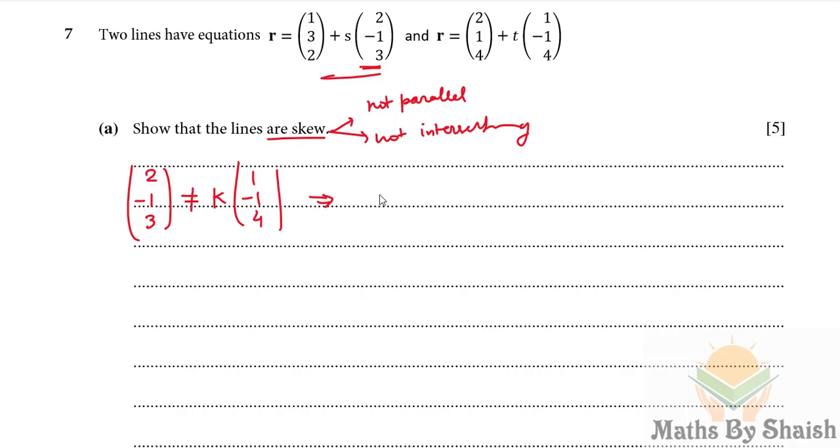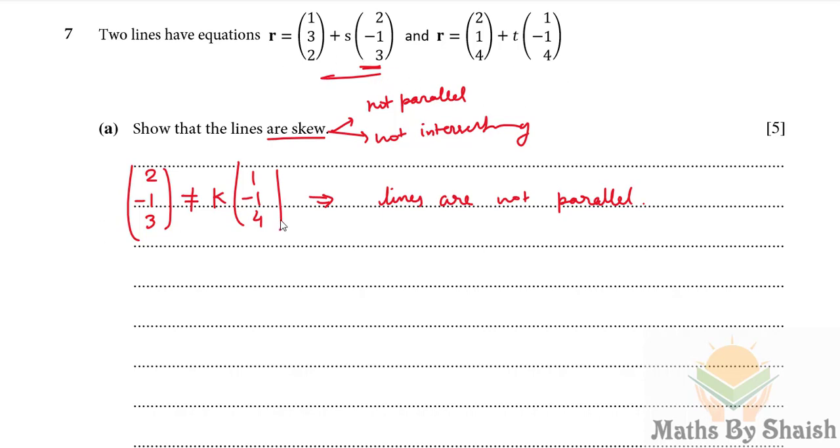So it means the lines are not parallel. And since these are vectors in three dimensions, two lines may not be parallel, but they may not intersect, or they can intersect. There can be two possibilities. So we'll check for the next possibility, that they are not intersecting.